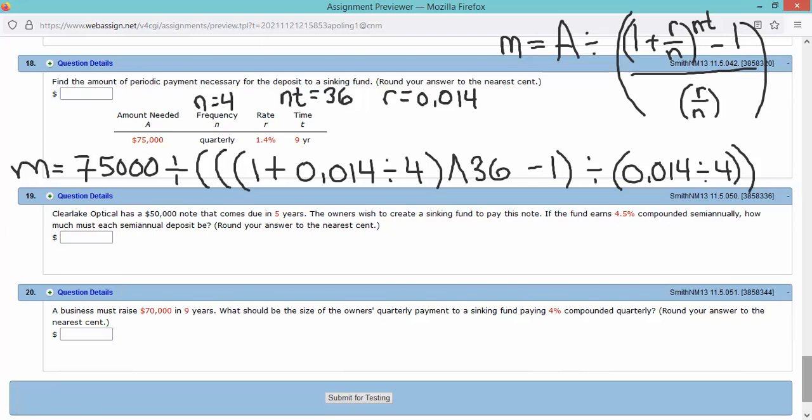Then be super happy because we got 1,958, and rounding up to the 48 cents.